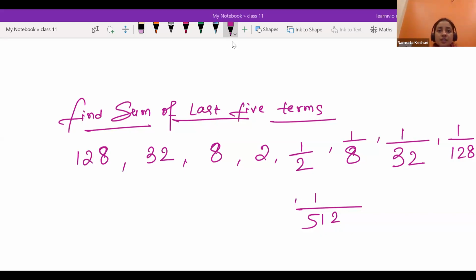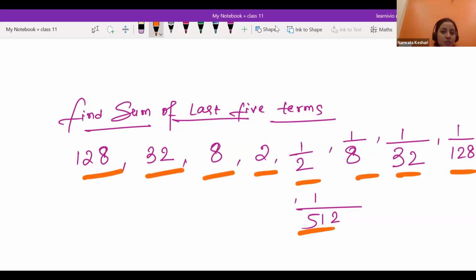If the question says to find the sum of the last three terms, the middle three terms, or four terms, then you cannot use the sum formula directly. There is a logic which you can use over here. First you can see how many terms are there in total. 1, 2, 3, 4, 5, 6, 7, 8, 9.